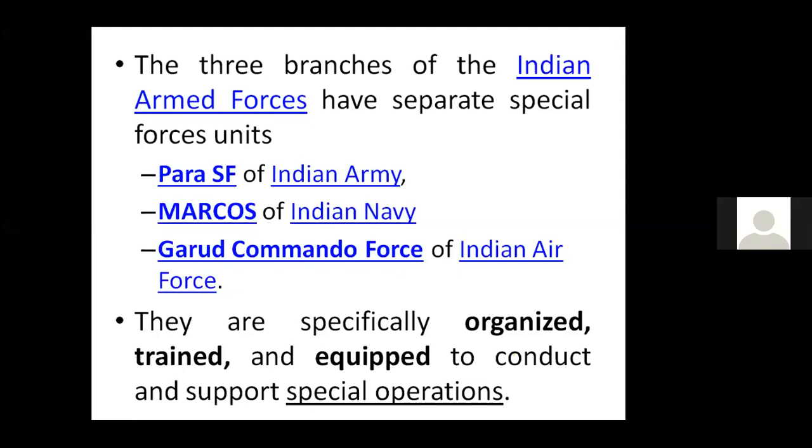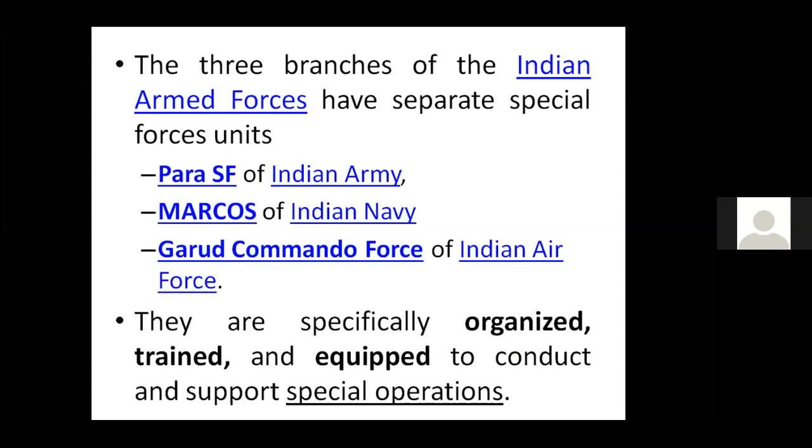Special operations will not only be done by the Para SFs or by the Marcos or by the Garud. Sometimes you will find all three working together, supporting each other in some operations.